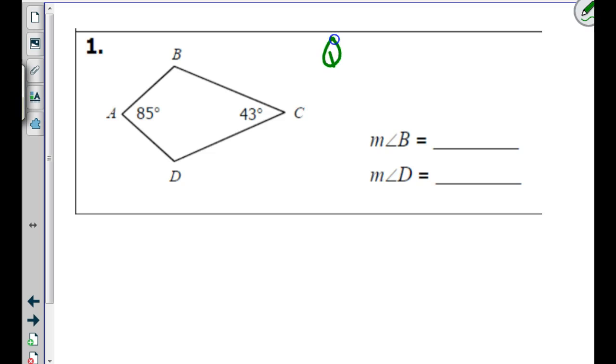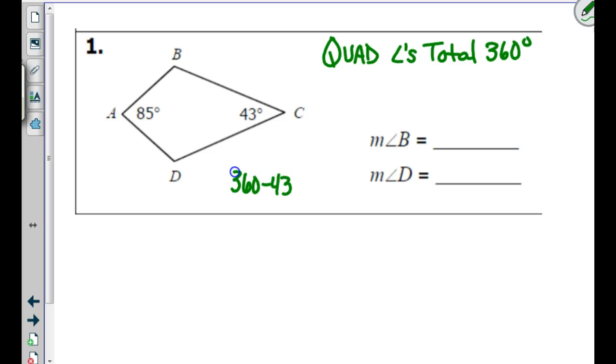The thing you need to know here is that anything with 4 sides, any quadrilateral, the angles total 360. So if we have a 360 minus 43 and 85, we have how much left over?